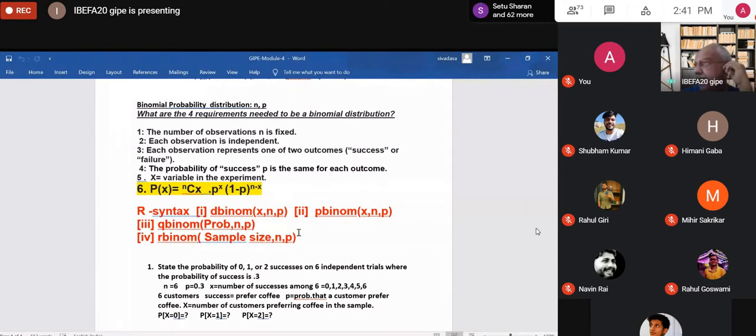So in binomial experiment, either the random experiment will favor you or it will not favor you. So we call it success and failure. Sample size is fixed. That is, how many times you are repeating the experiment is called sample size.